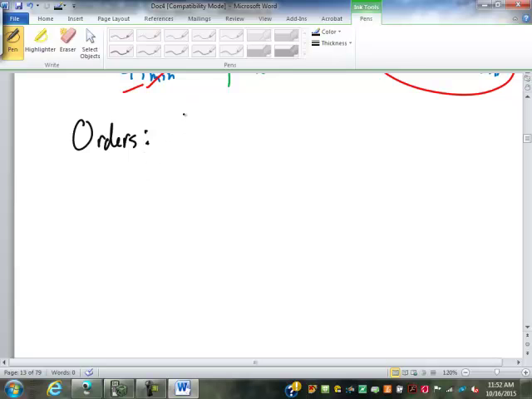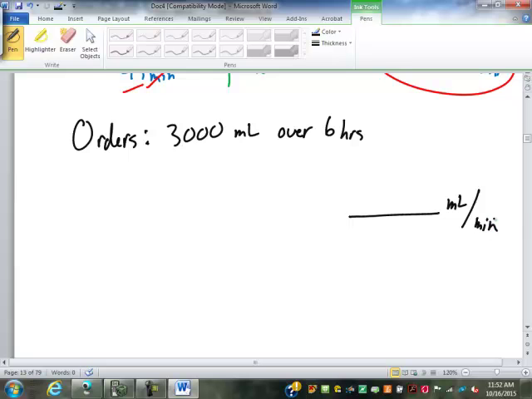So anyway, let's say your orders are for 3,000 milliliters over 6 hours. Let's find our flow rate in milliliters per minute. That changes things now. So this is 3,000 milliliters over 6 hours.